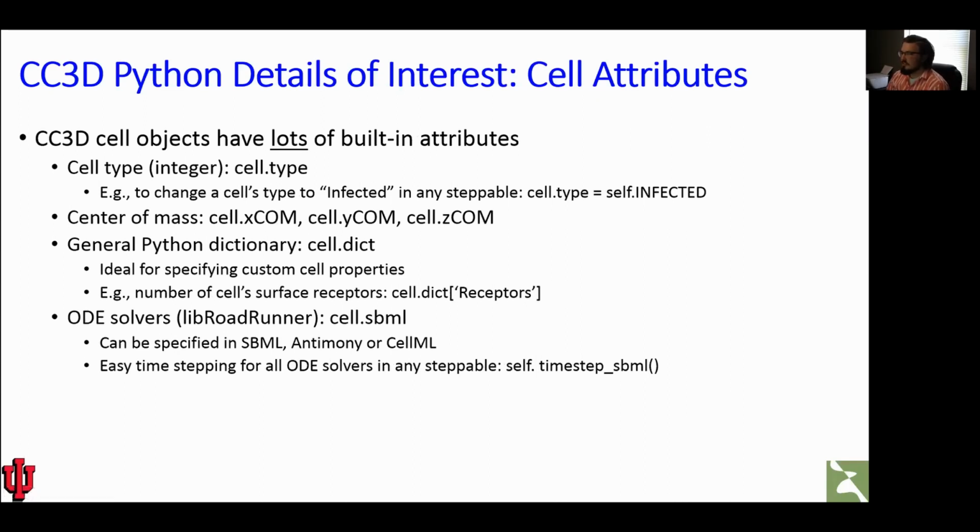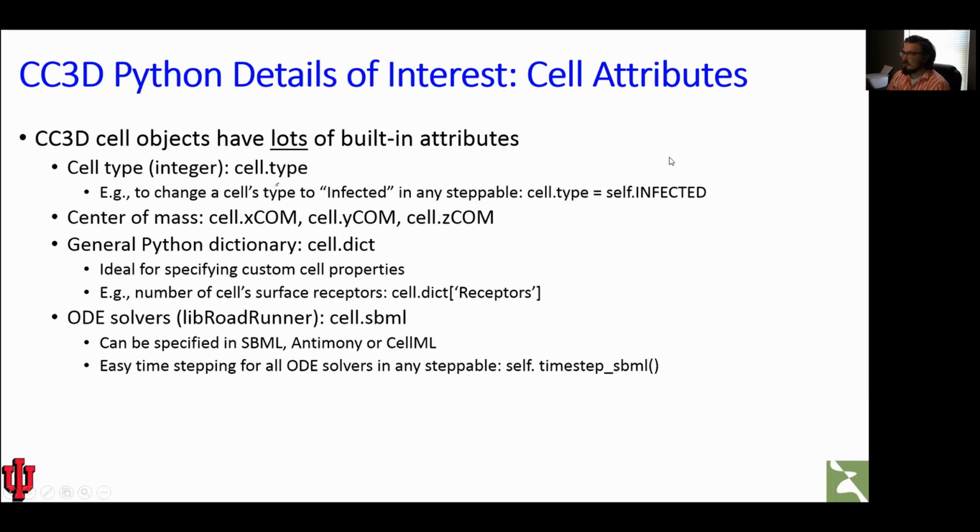Now, each cell in simulation, the Python cell objects, also have attributes that are defined and updated by the simulator. So when we work with specific cell objects, we'll find that we have convenience attributes, for example cell.type.